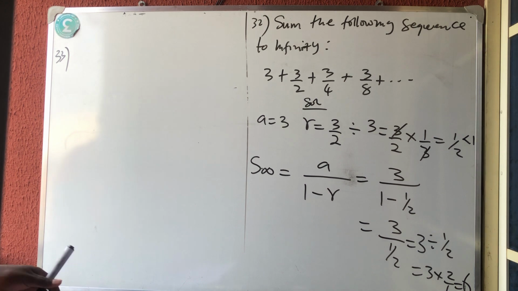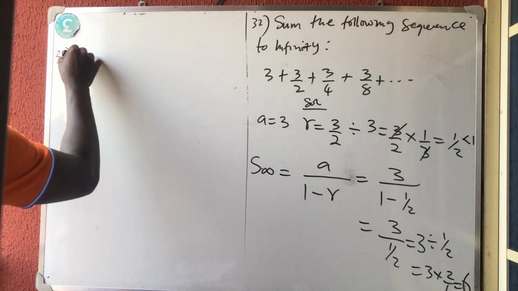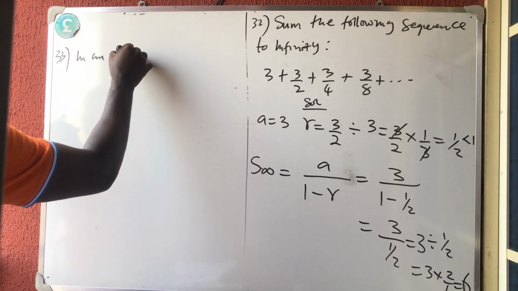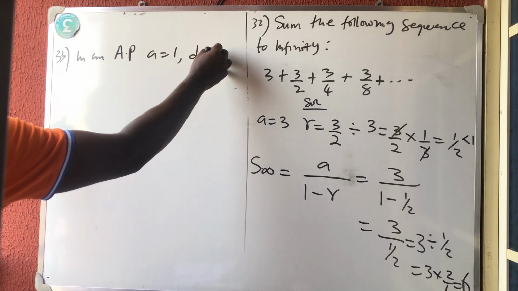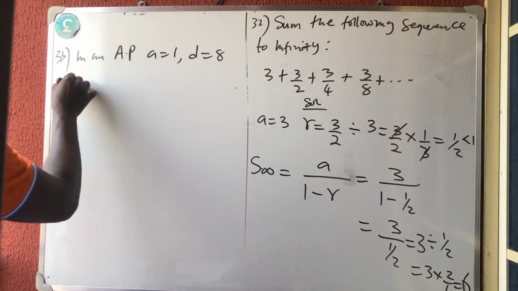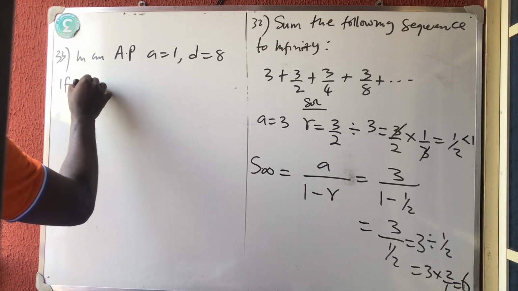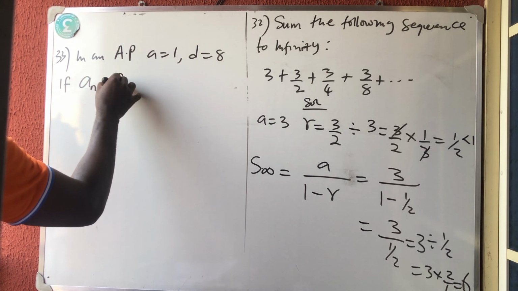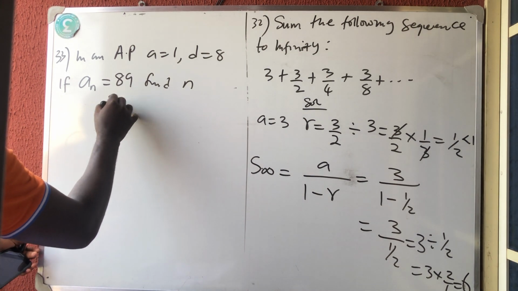So number 33. We are close to finish. Number 33 said in an AP, arithmetic progression, A is equal to 1, D is equal to 8, and if an, the nth term, is 89, we should find n. Okay, solution, very simple.